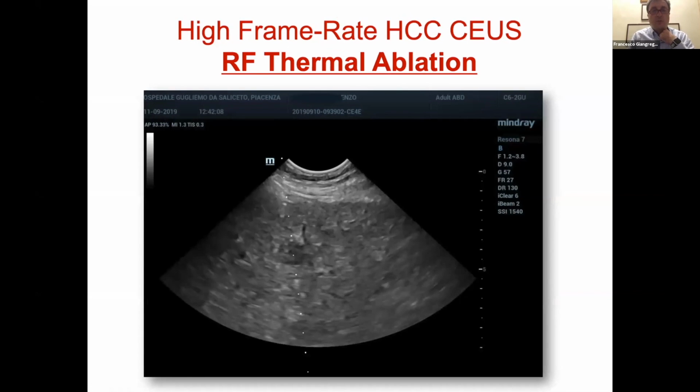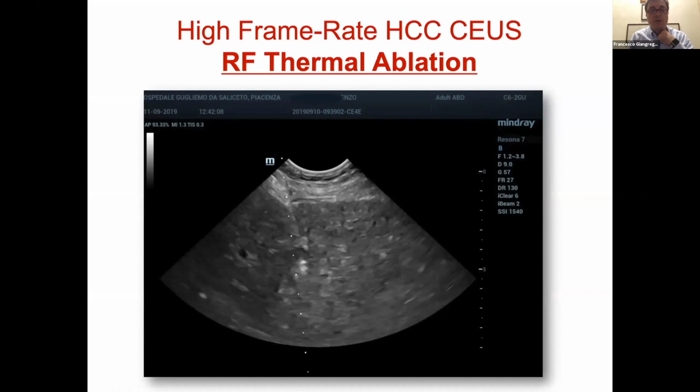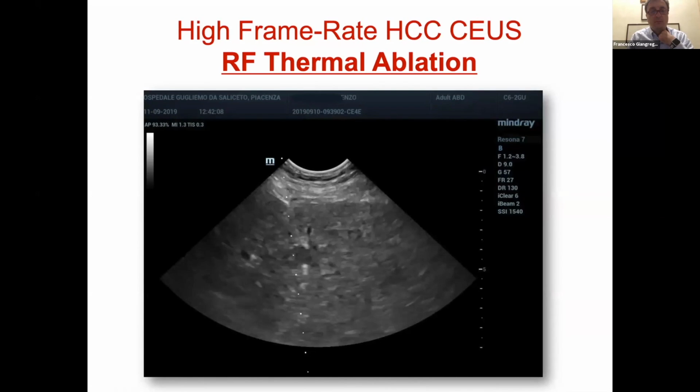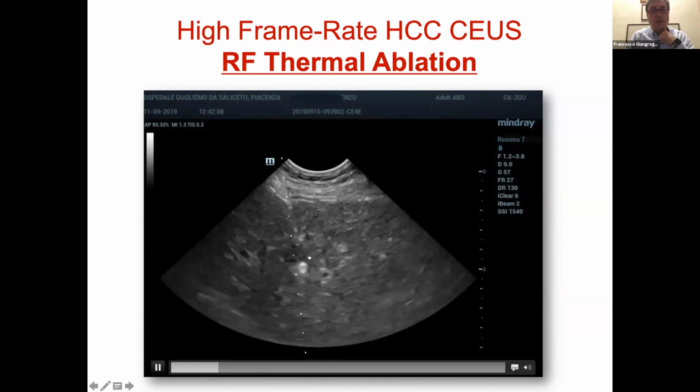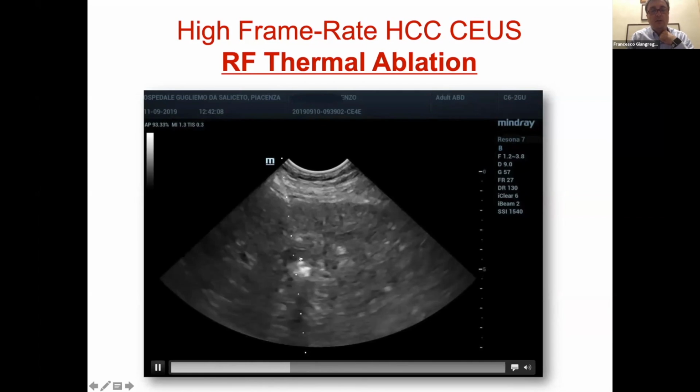So we performed radiofrequency thermal ablation on this small nodule. Okay. I want to show you that with the Mindray technology, the radiofrequency doesn't obscure the image. So here the nodule, the needle is active, as you can see here.